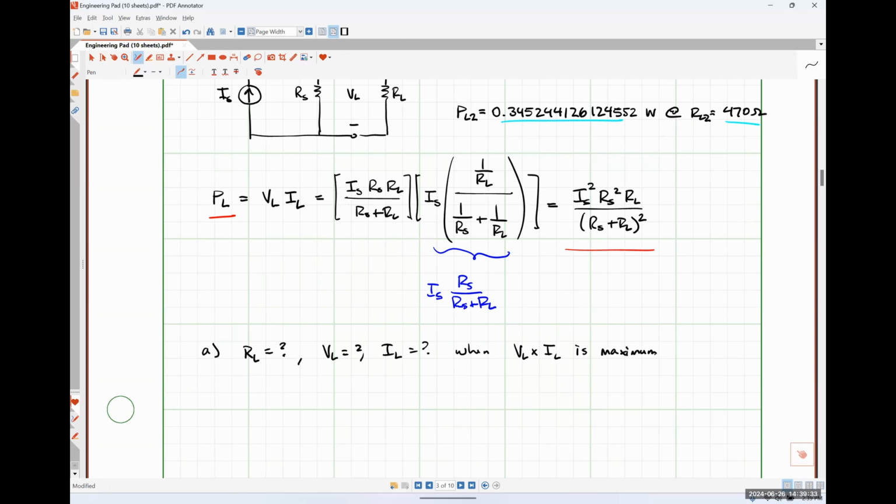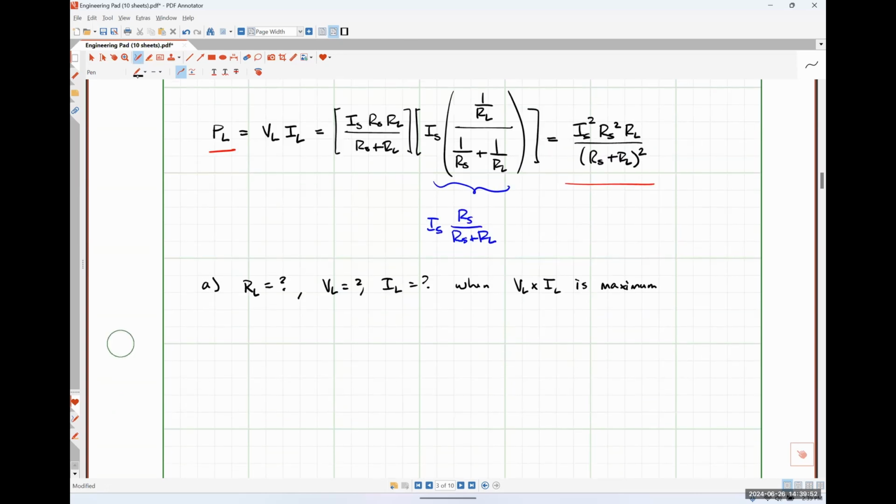Okay. So when VL times IL is at its maximum, so what is VL times IL? It's power. Exactly right. So part A is just saying, hey, what's happening at maximum power transfer, right?